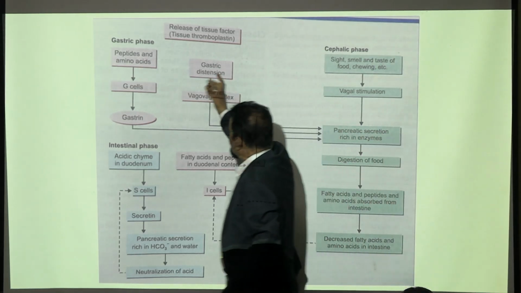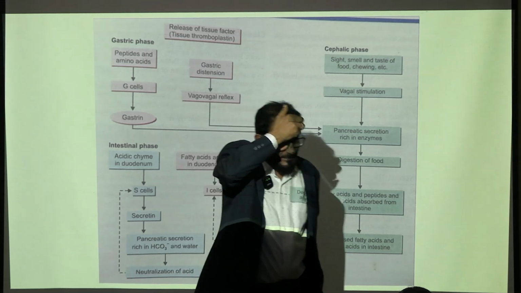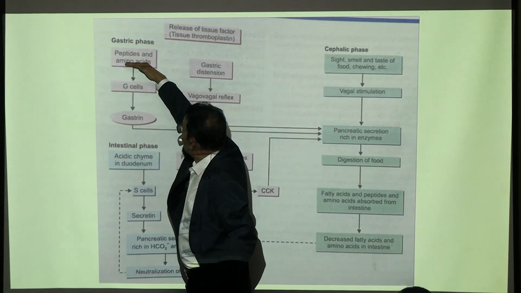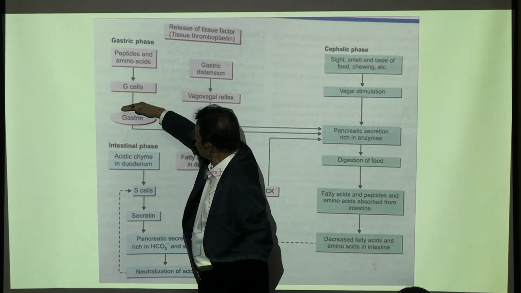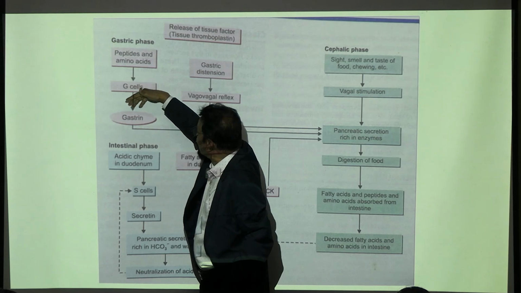Now this is the cephalic phase. Now see the gastric phase. Here the peptides and amino acids will be formed by the action of pepsin. The food will enter the stomach, and from the stomach the intestine.